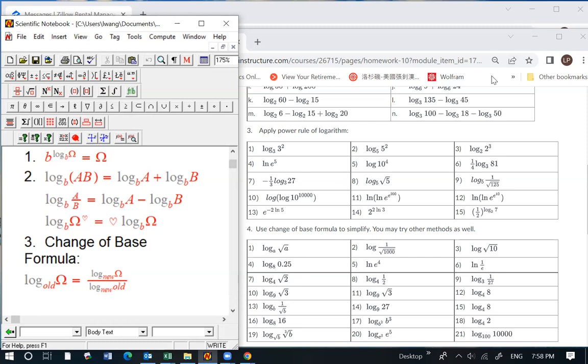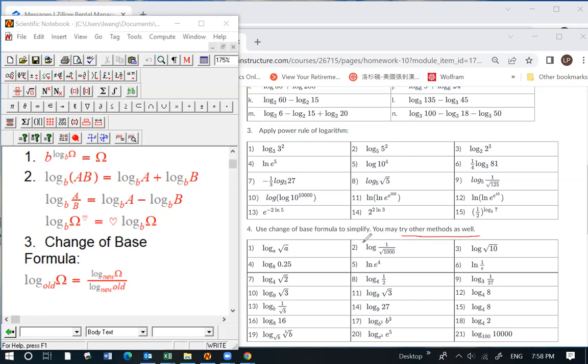However, even though I mentioned you can use the change of base formula, you can also try other methods as well. Other methods may work too. All of these exercises are to help us be better at using these properties. That's the purpose.